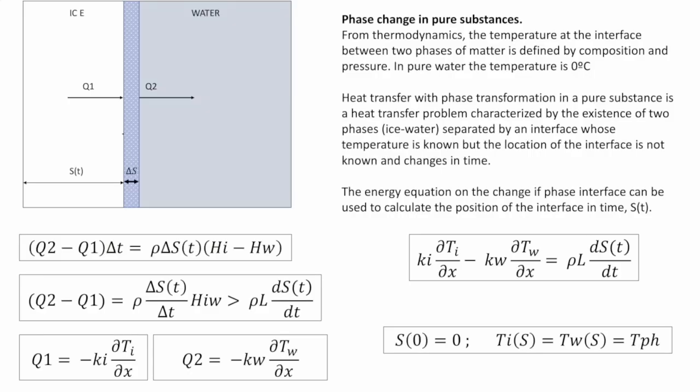Now, this is for those of you who like mathematical modeling, and there are some. I will not go into the details, but there are mathematical models that allow you to predict, from heat transfer analysis, the propagation of the change of phase interface inside the body.